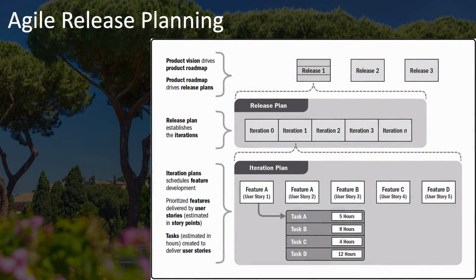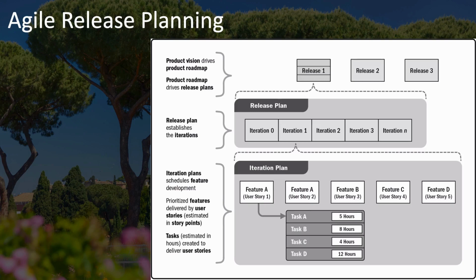Here is a simple example of an Agile release plan. Agile release planning provides a high-level summary timeline of the release schedule, typically 3 to 6 months. It focuses on the features. Looking here at the top, you've got releases 1, 2, and 3. It identifies which iterations of work are included in each release.